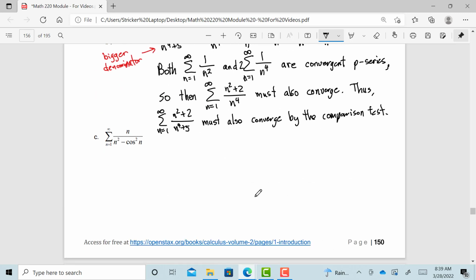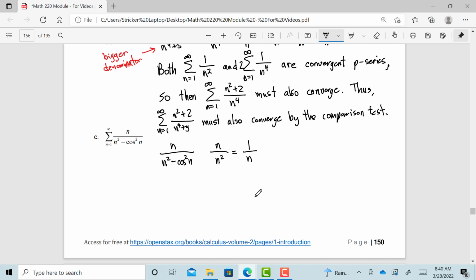One more. So example C, we have n over n squared minus cosine squared n. And the cosine squared n just kind of complicates things. So it would be nice if we could compare n over n squared minus cosine squared n with just n over n squared, because we know that n over n squared reduces to 1 over n.